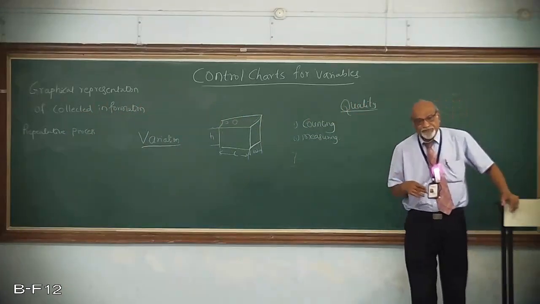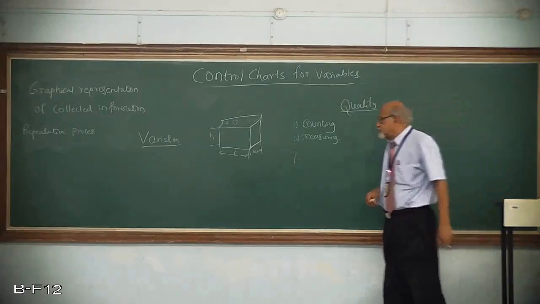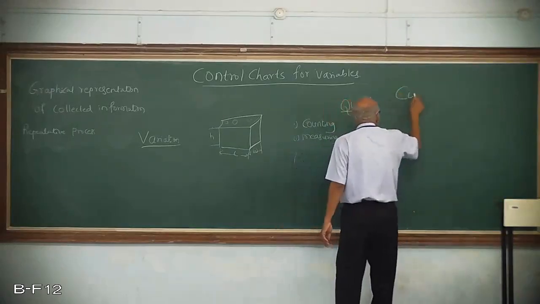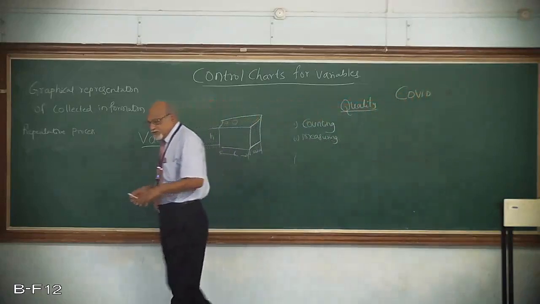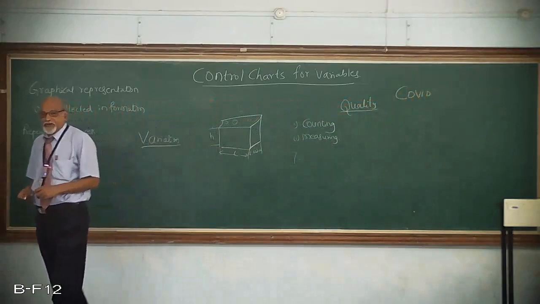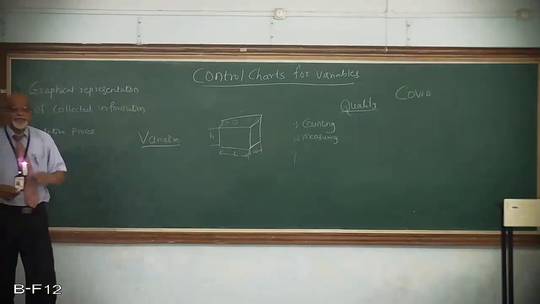For example, nowadays we are passing through a difficult period because of COVID-19. Earlier, natural death would occur, and in addition to this, now because of COVID-19, some deaths take place.